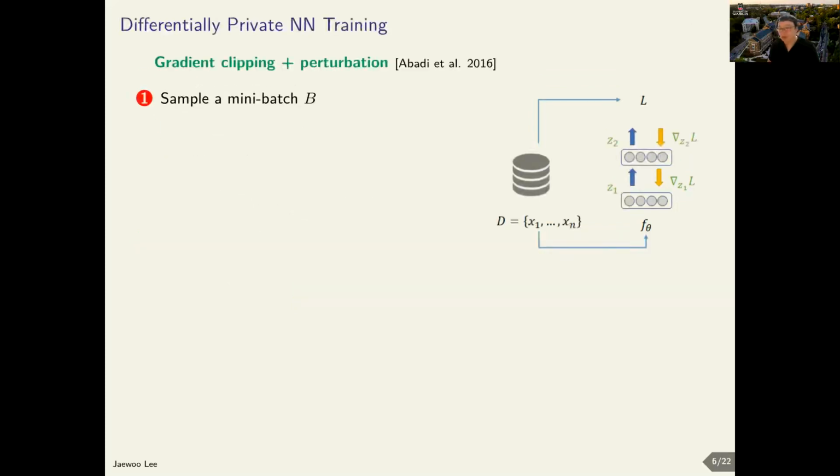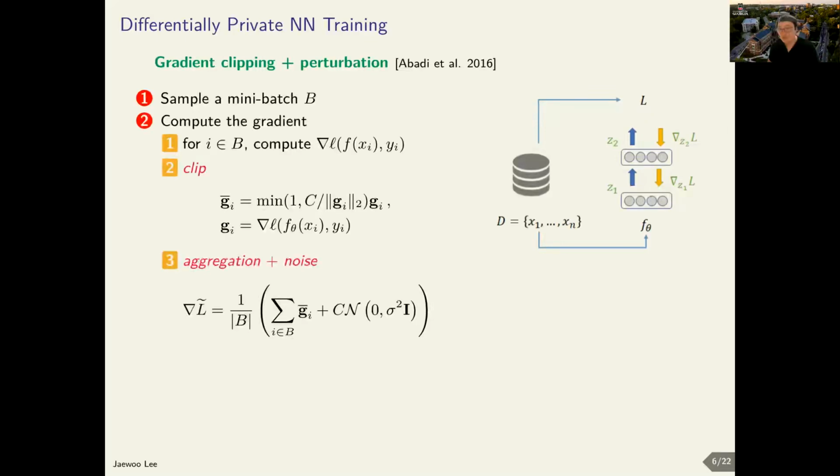Now, we turn our attention to the differentially private neural network training. As before, we start by sampling a mini batch from the input data set. And for each example in our mini batch, we compute the per example gradient.